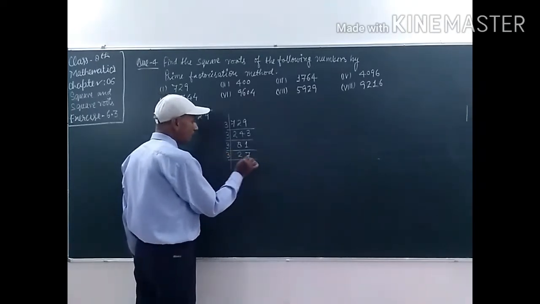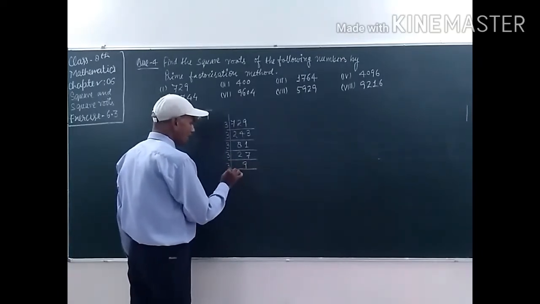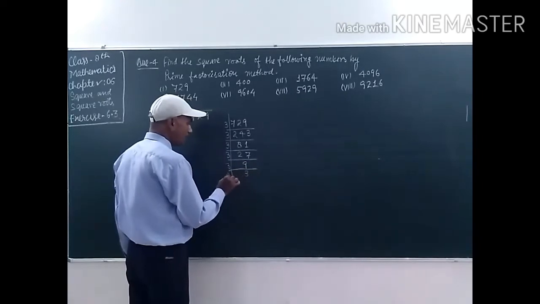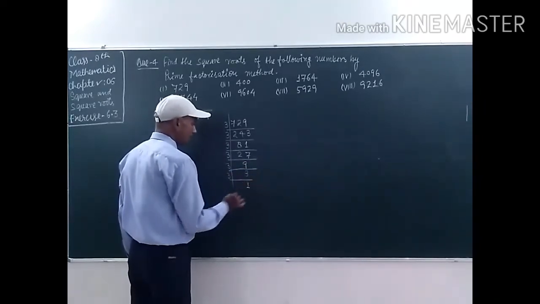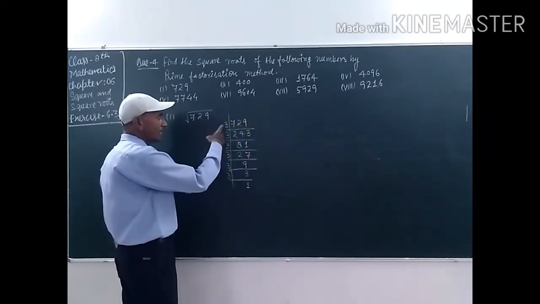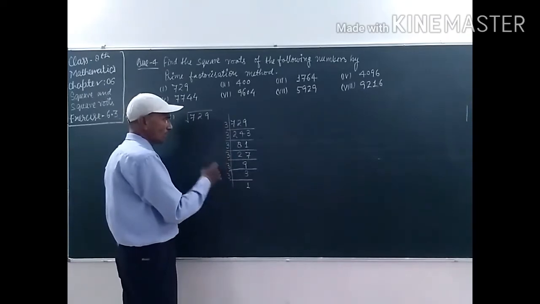Again using 3, 3 nines are 27. Again, 3 threes are 9 and 3 ones are 3. So the prime factors of 729 are 3 into 3 into 3 into 3 into 3 into 3.